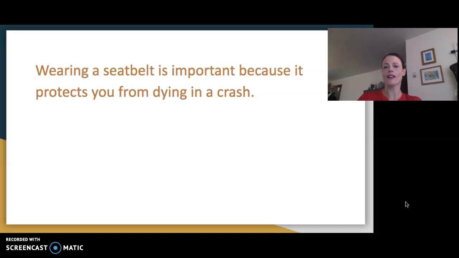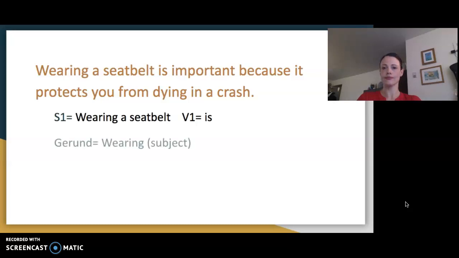We have that conjunction because in the middle, so we're going to have a subject and verb on both sides. So our first subject and verb, wearing a seatbelt is. And here we have a gerund, wearing, which is the subject of the sentence, right?